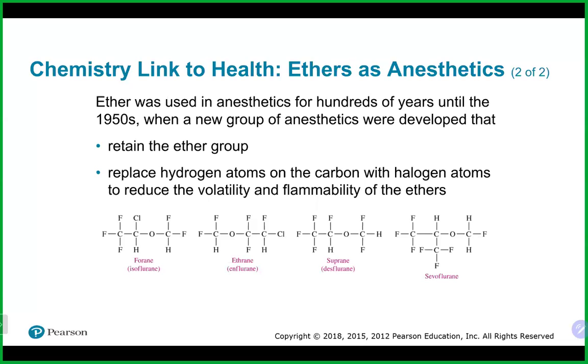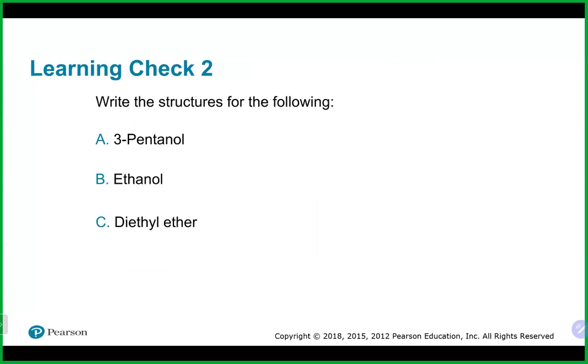In the 50s or so, they developed some other ones where they replaced a lot of the hydrogens with fluorines, which made them not as flammable and volatile to use, and they had fewer side effects as well.